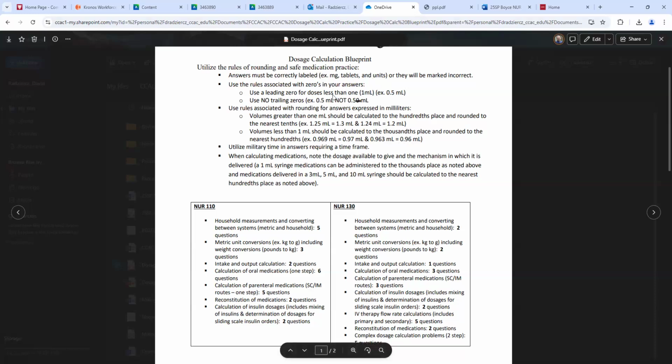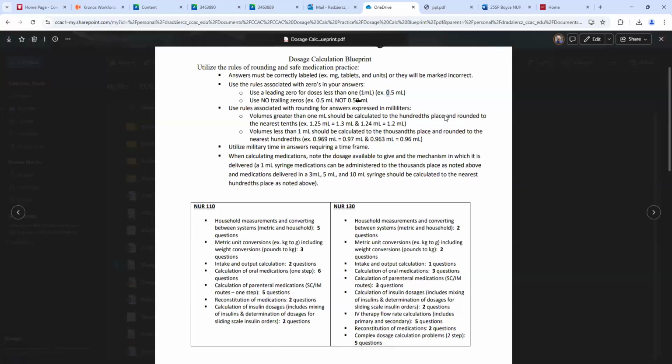They're also going to check on and dock you if you are using leading or trailing zeros inappropriately. Meaning, if you have something that is less than 1 milliliter, you do want to use that leading zero. So you want to indicate that it's 0 point something.